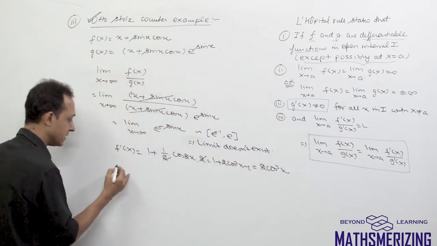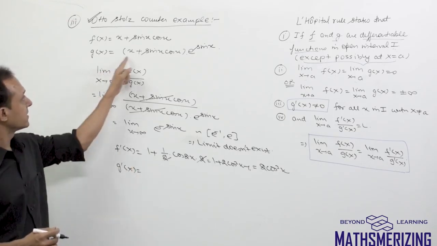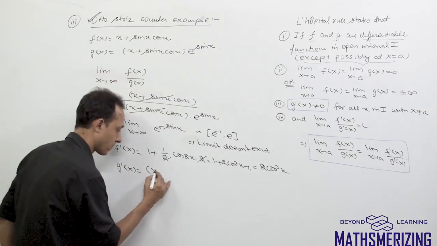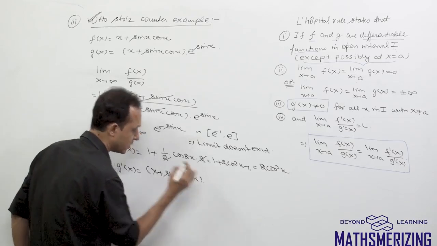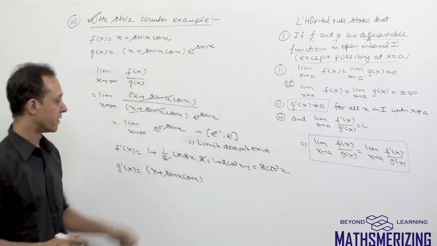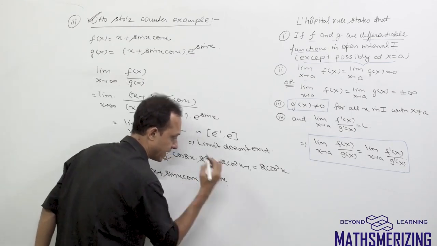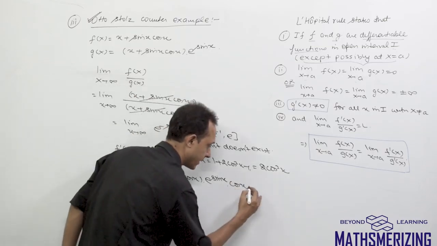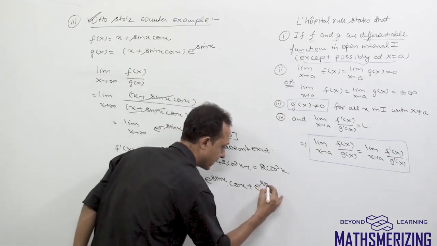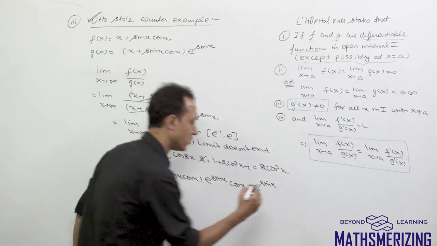Now I'll differentiate g dash x also. So if I differentiate g, I'll write it as x plus sin x into cos x into derivative of this function, which is e to the power sin x into cos x, plus e to the power sin x as it is into derivative of this function, which is again 2 cos square x.